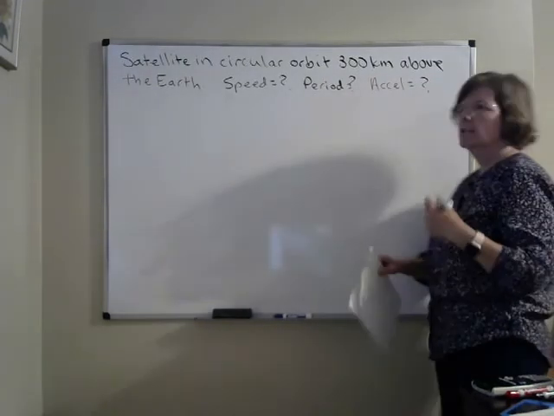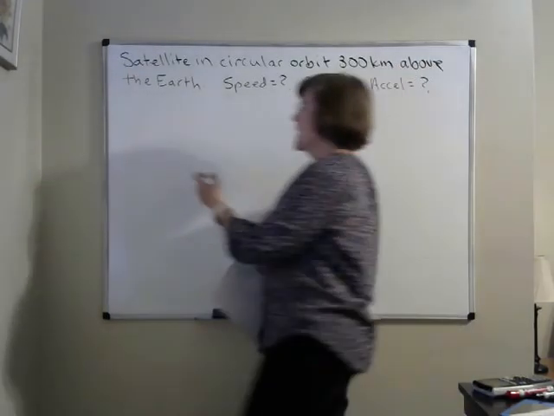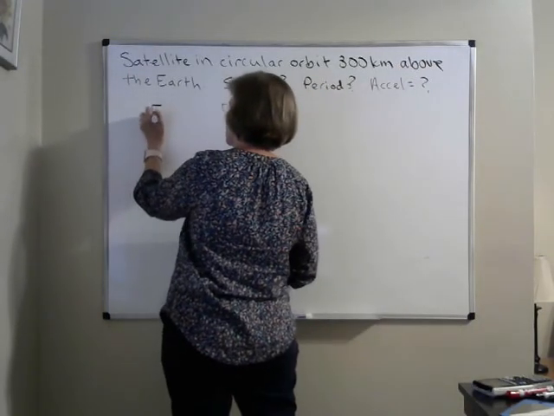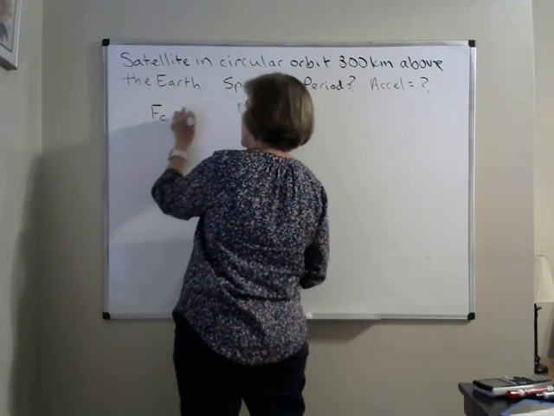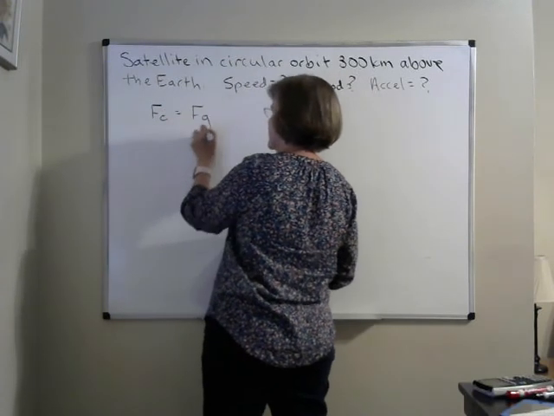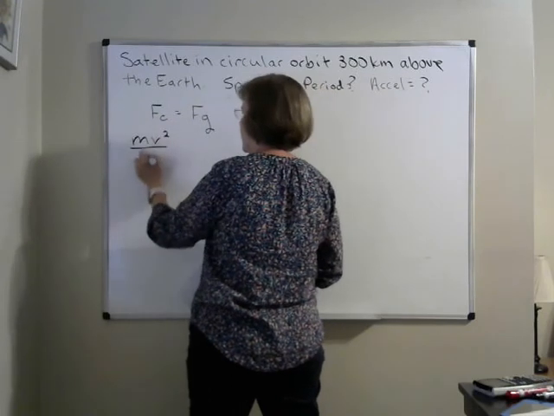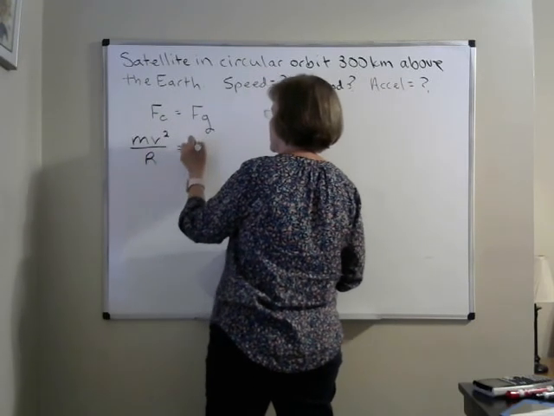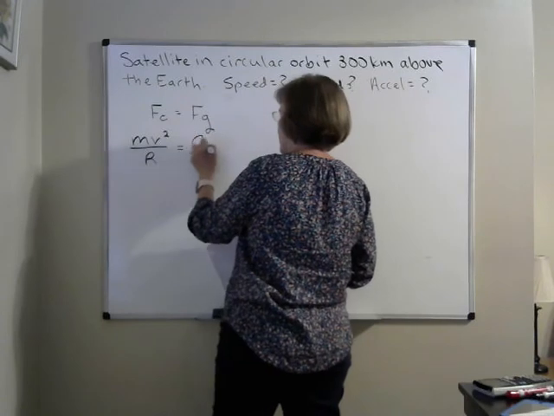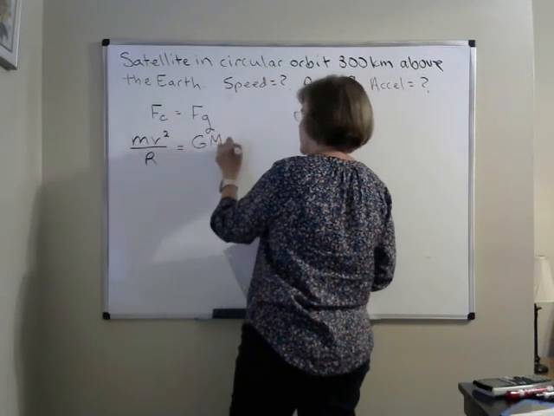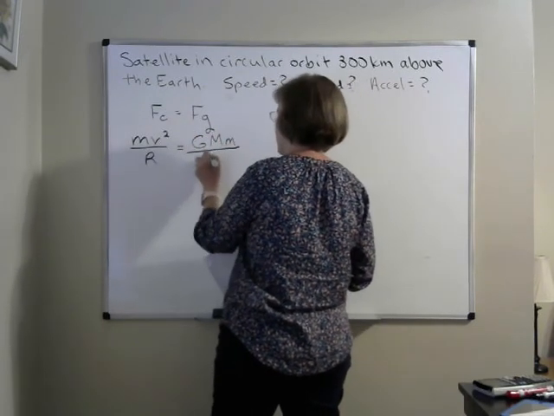I always start at the beginning on these problems. I know the centripetal force equals the gravitational force. mv squared over r equals G, big M, little m, over r squared.